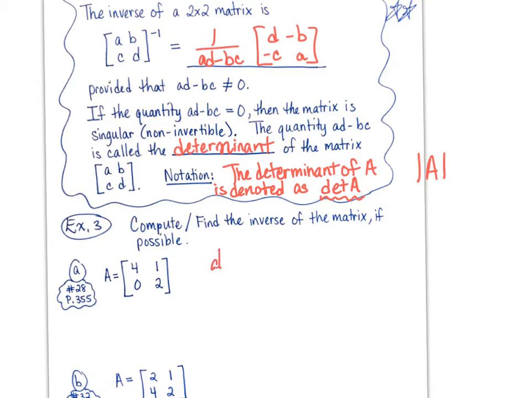So the determinant of A is equal to 4 times 2 minus 1 times 0. That's equal to 8 minus 0, which is 8. Well, that's good because it's not equal to 0, right? So that means we can find the inverse.